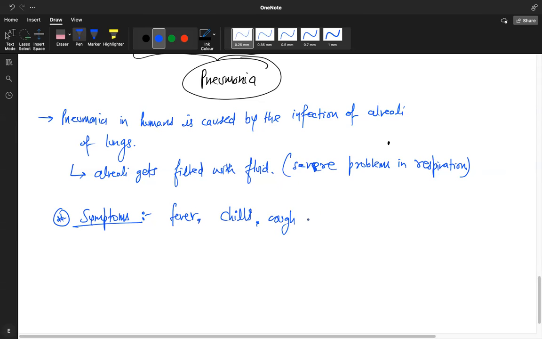And headache, of course. Headache is not that common, but it will be there. And as you said, there are issues with breathing, correct? Next is difficulty in breathing, and as a result in respiration.